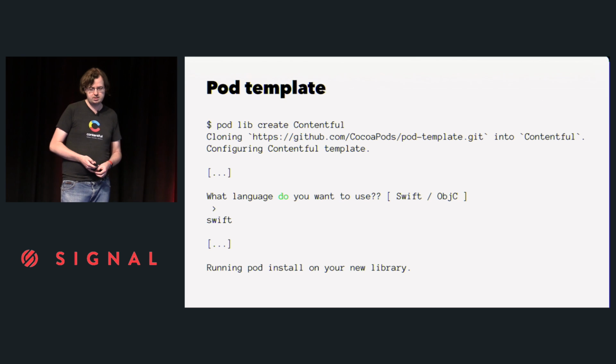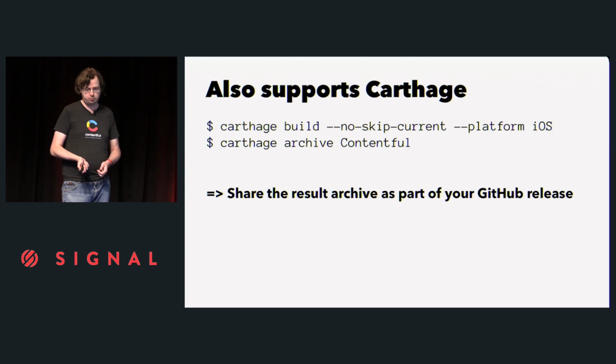You can also use the pod template to actually create the whole library for you if you're just starting out. There's a command, pod lib create, which you can use, which basically uses a GitHub repo as a template. You tell it which language you're writing in and some other options. It will generate an Xcode project for you and the right kind of directory structure for a good library.